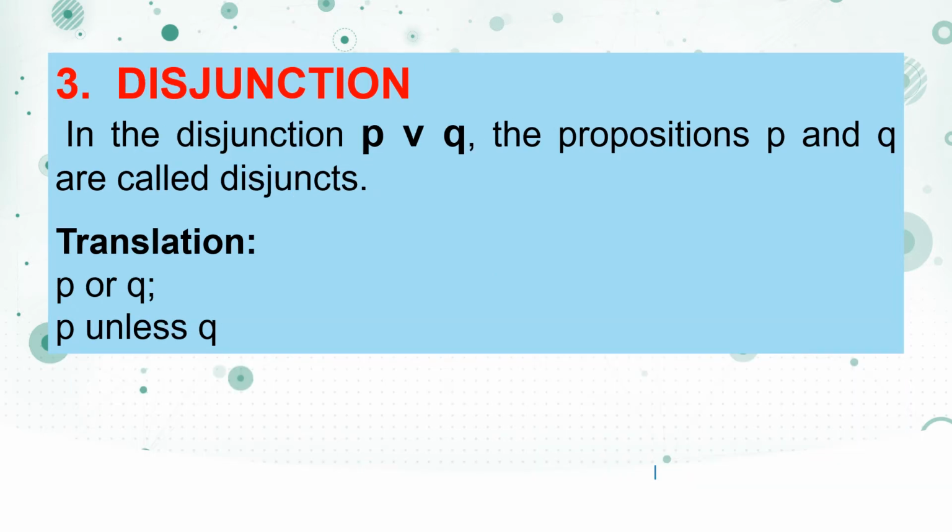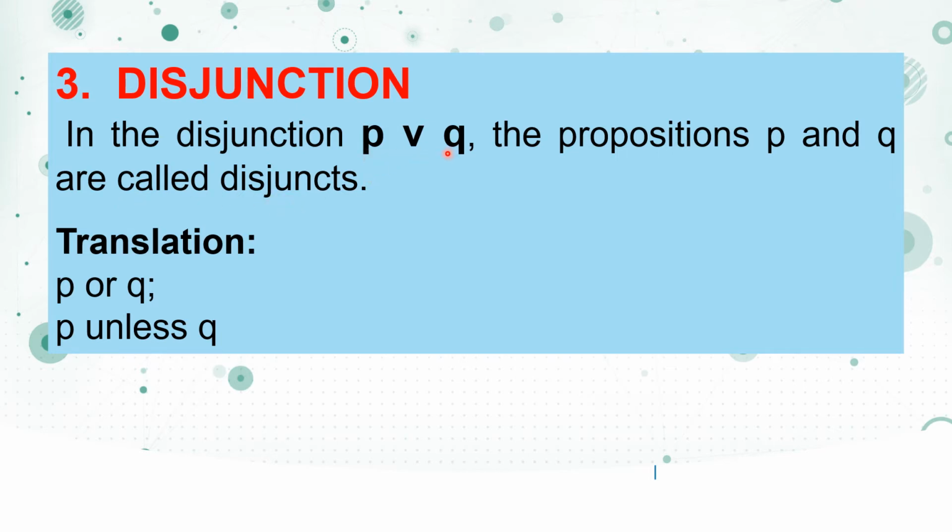Third is the disjunction. The symbol for disjunction is this one. It is just like letter V. In the disjunction, the propositions P and Q are called disjuncts.